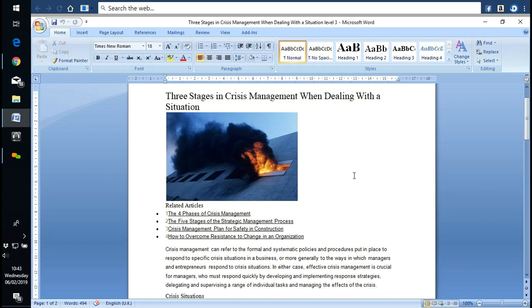So those 3 steps are basically what you do in any sort of crisis management, whatever it may be, from something as simple as an office fire to something as major as a major oil spill in the sea somewhere, where it takes a long time to assess the damage and find out what you're going to do about it and actually make sure it doesn't happen again.